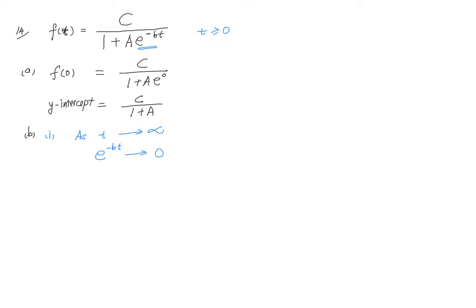So therefore, my f(t), which is a positive number divided by 1 plus a positive number times e to the power negative bt, that means over here, I will imagine this as c divided by 1 plus 0. So it will approach what?